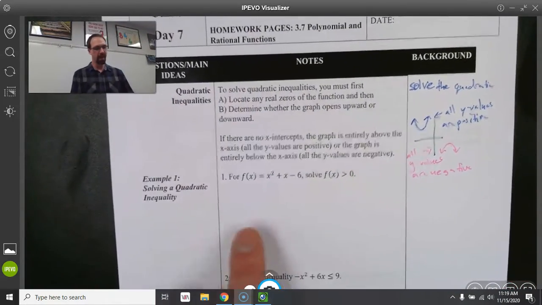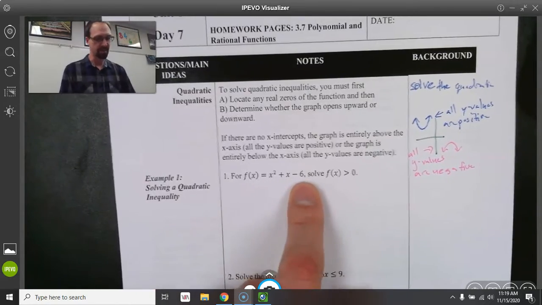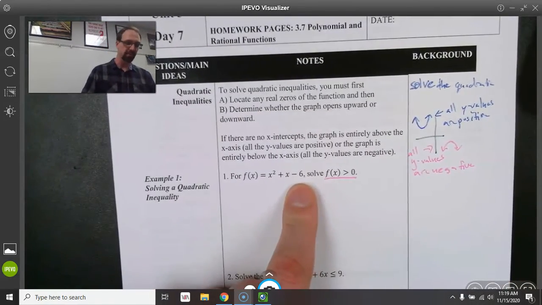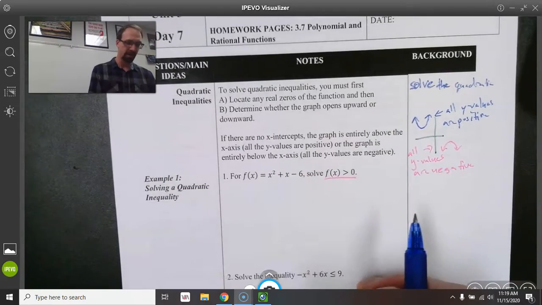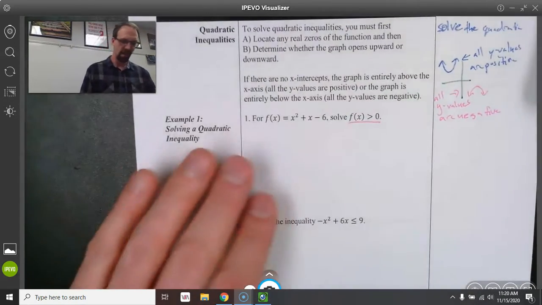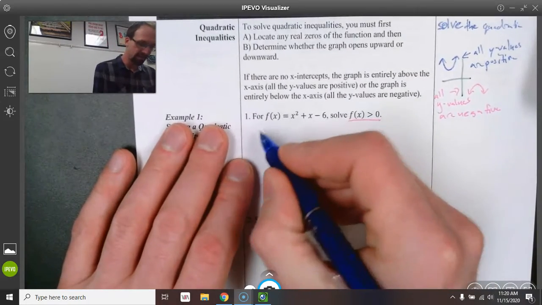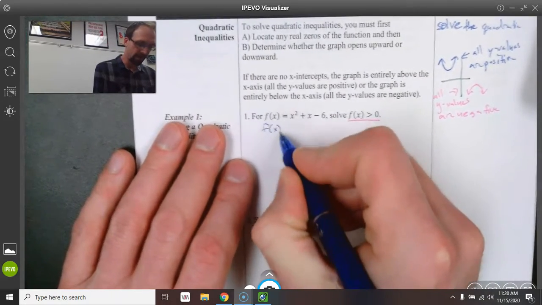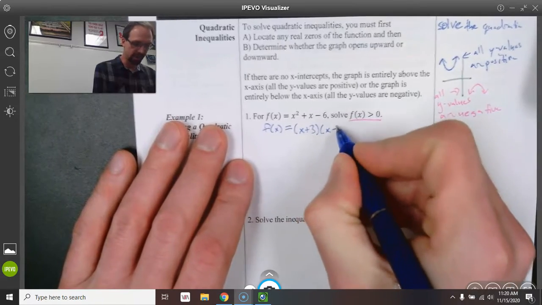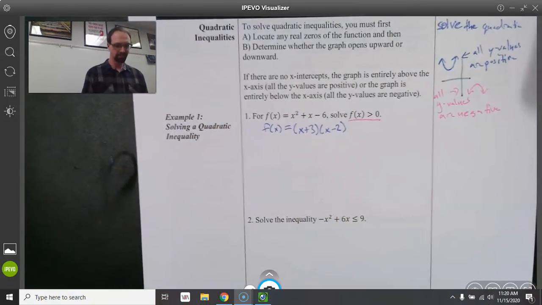Example 1, here I have f of x equals x squared plus x minus 6, and I want to know when f of x is greater than 0. So what I'm going to do first is factor x squared plus x minus 6, because that's one that we've factored often for this class. So I have f of x equals x plus 3 times x minus 2.